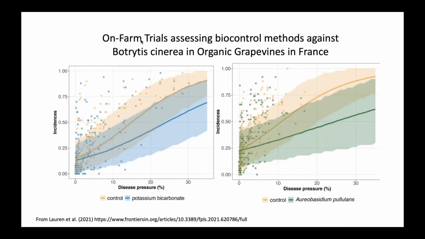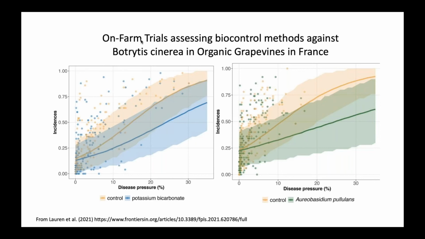This approach was recently used to assess the effectiveness of two biocontrol methods against botrytis in organic grapevine in France. So this study is based on a network of on-farm experiments assessing the effectiveness of these two biocontrol techniques as a function, on the x-axis, of disease pressure in grapevines.